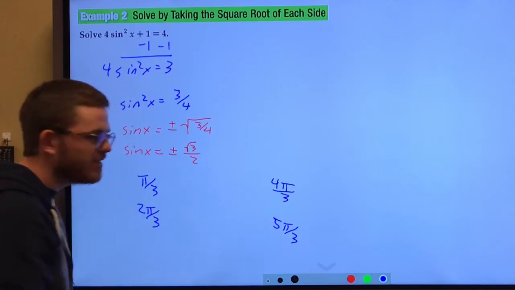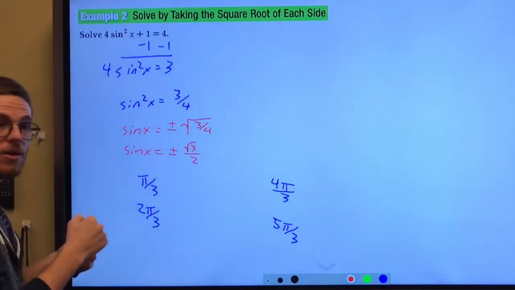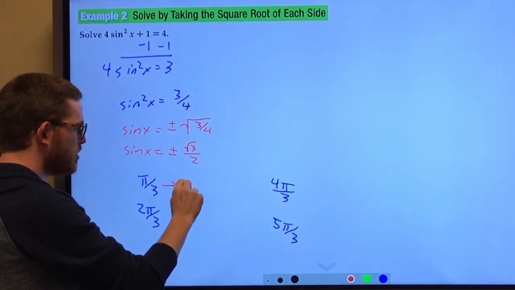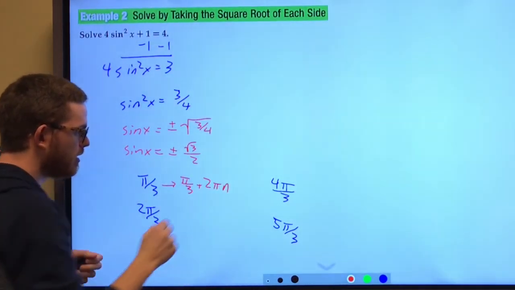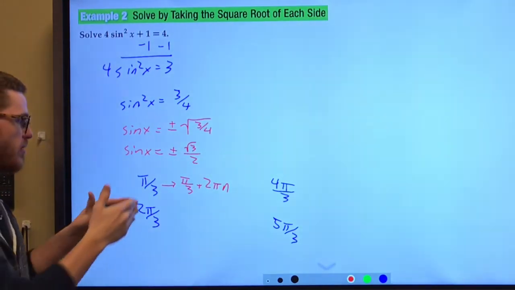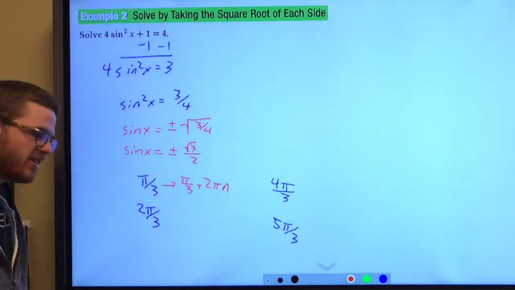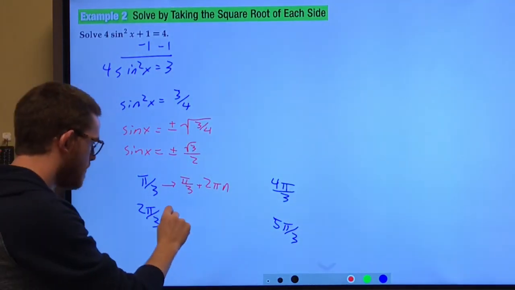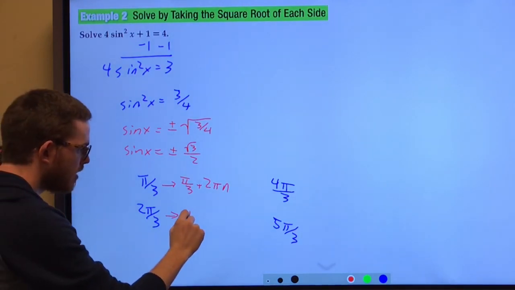And then to express this as any interval, this would be pi over 3 plus 2 pi n, because I know that for every multiple of my period after this, it's going to have that same exact value. It's going to have that same output of positive root 3 over 2. Same thing here.